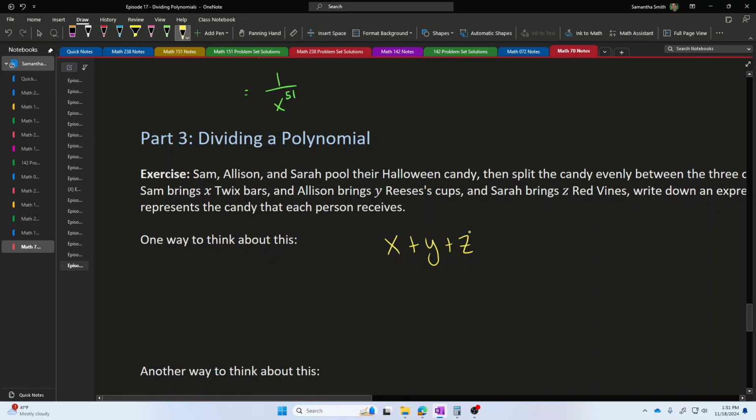And then after our candy has been pooled together into one big pile, we just go into that pile and divide up the pile evenly into three portions.